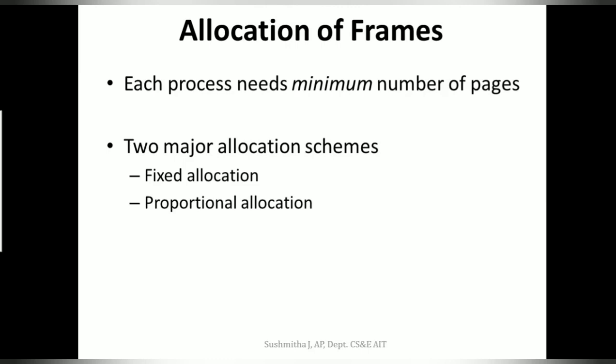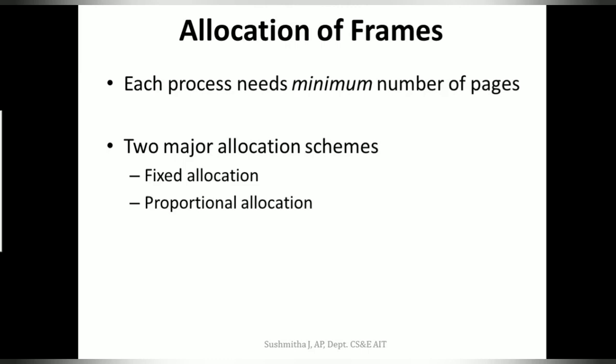For any process to execute, we should allocate some minimum number of frames. If the number of frames allocated is too few, it is going to have page faults again and again, and waste most of its time faulting and fetching pages.